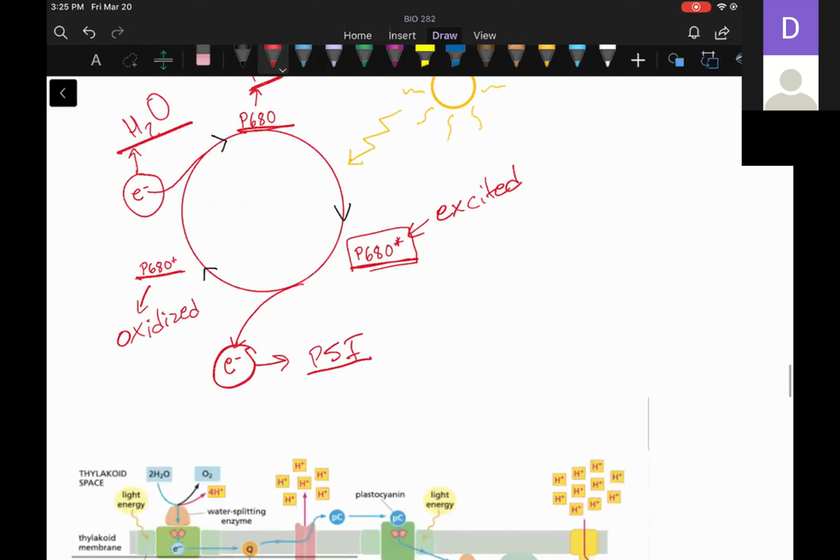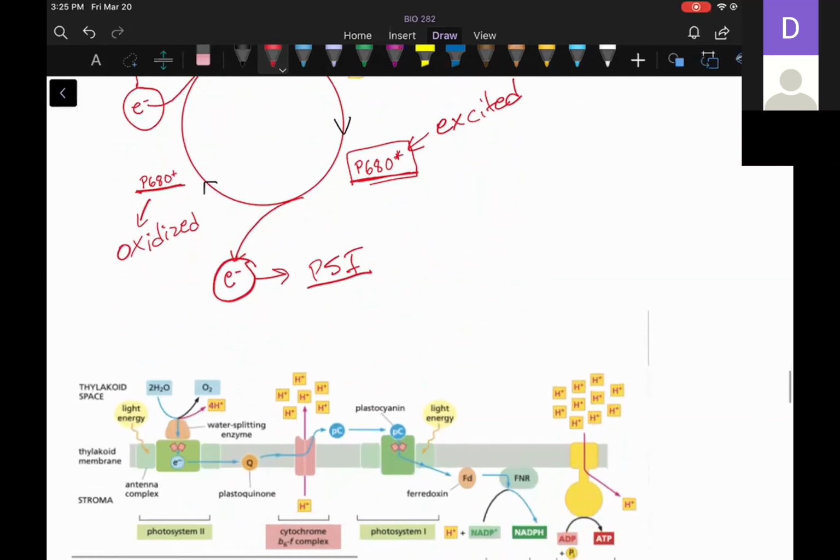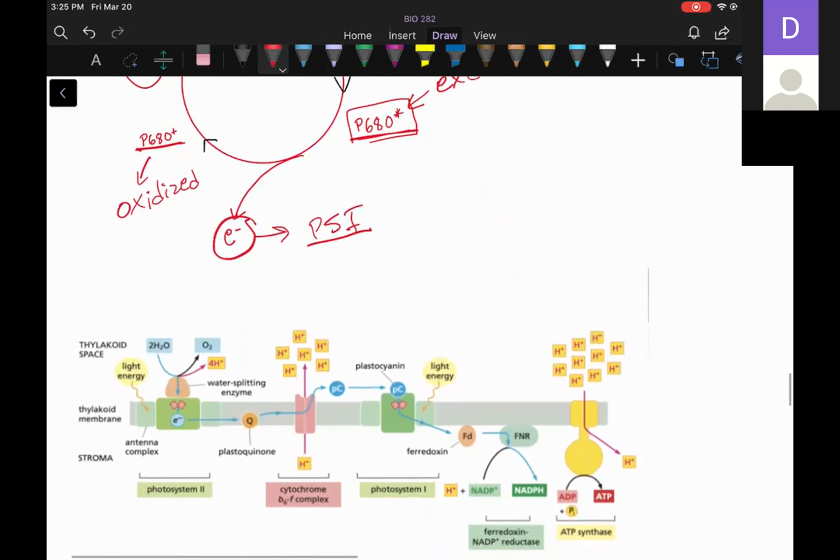I'll go down to this other diagram here that will help explain it a little more. So again, we have our light energy. It's going to excite photosystem 2, so P680 right here. The electrons that are excited are going to be passed down this electron transport chain.